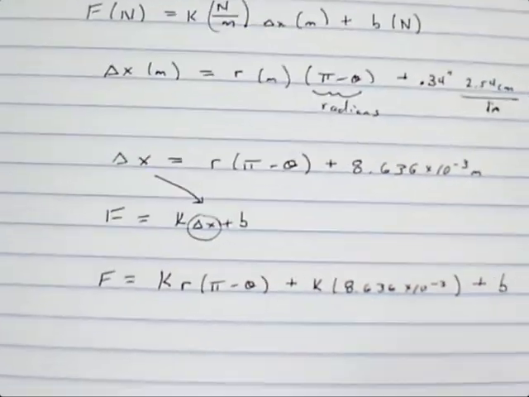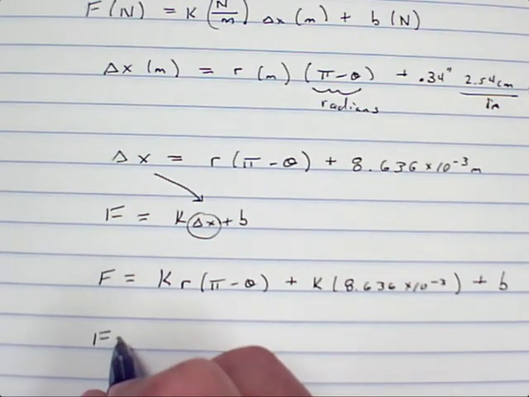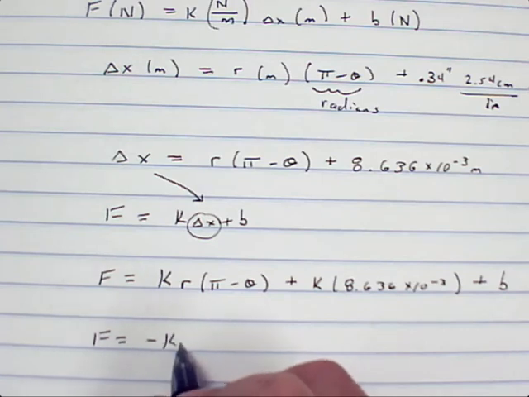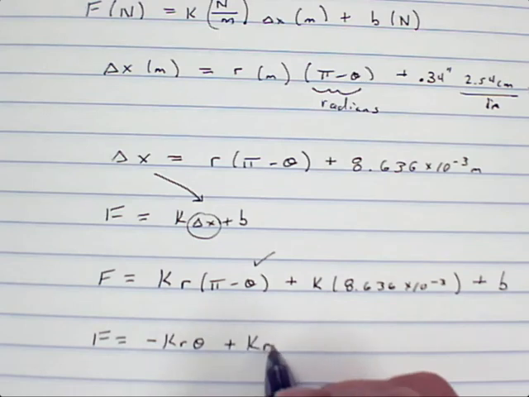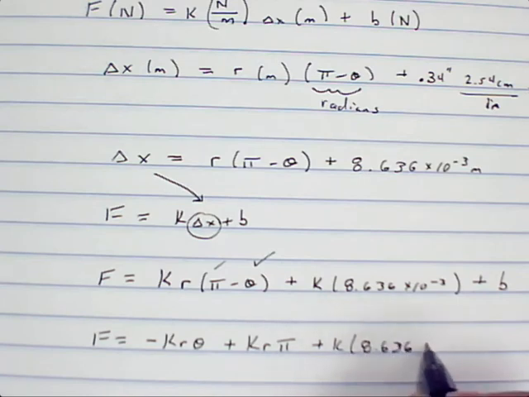Don't forget that. So now if I look at my equation, I have F equals minus KR theta, that's that one, plus KR pi, that's that one, plus K times 8.636 times 10 to the minus third, plus B. So if you look at this equation, this is not hard.